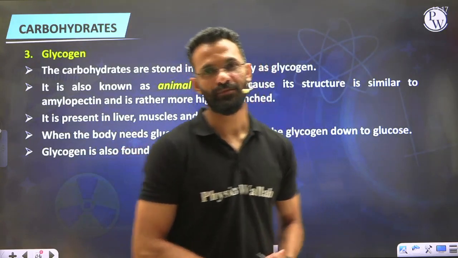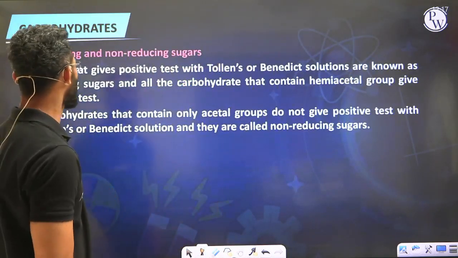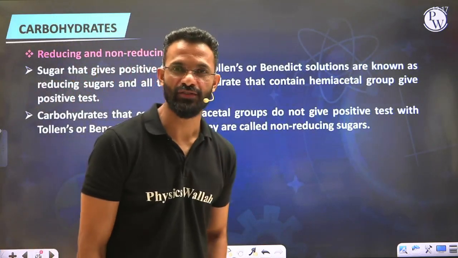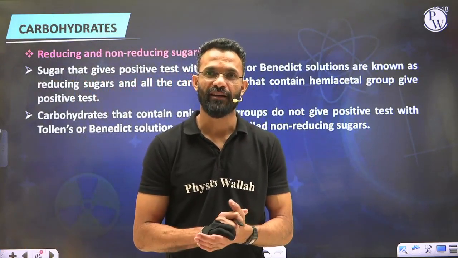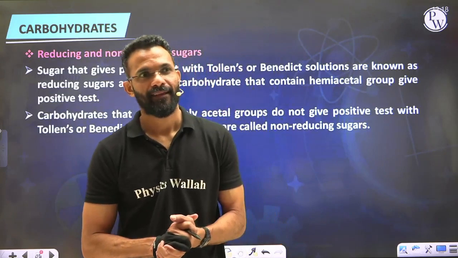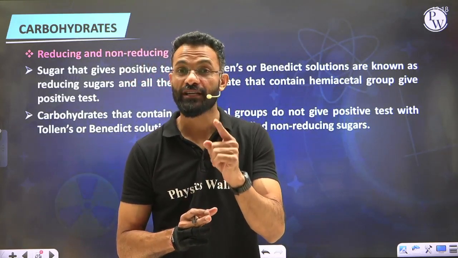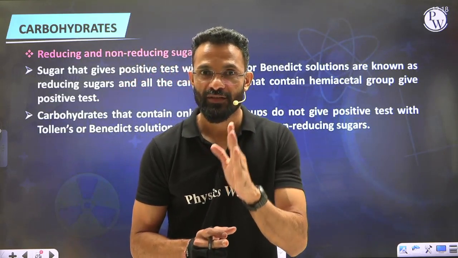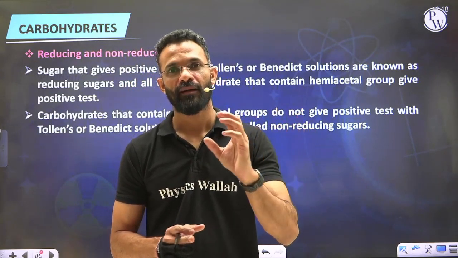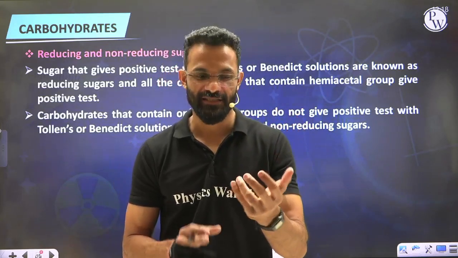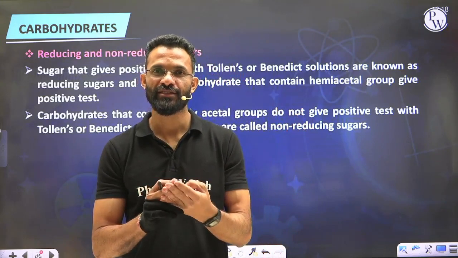Now the last part of carbohydrates that we have to learn is about reducing and non-reducing sugars. Just to give you reference from the carbonyl compounds, we studied oxidation of aldehydes, not ketones. Aldehydes can be oxidized to carboxylic acid using a moderate oxidizing agent such as Tollens reagent, Fehling solution, Benedict solution, and Schiff's reagent.